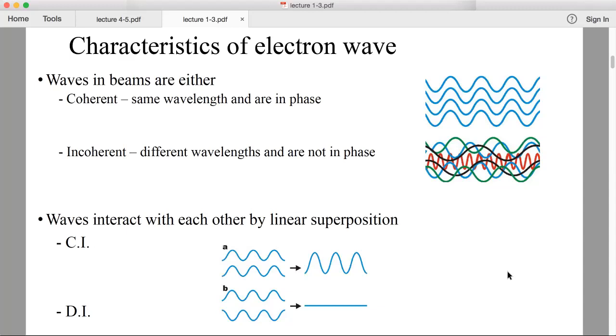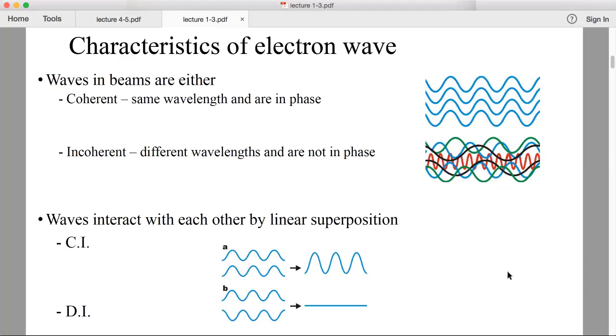Here in electron microscopy, the main difference is that instead of an optical beam or light source, we are using some source which generates electrons, and these electrons come towards our sample as a beam.